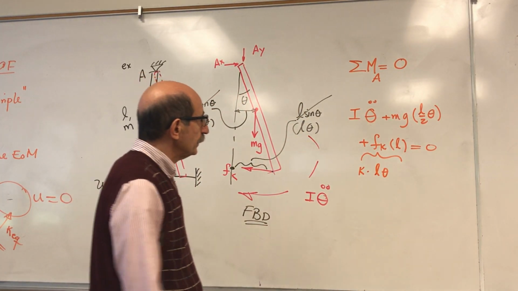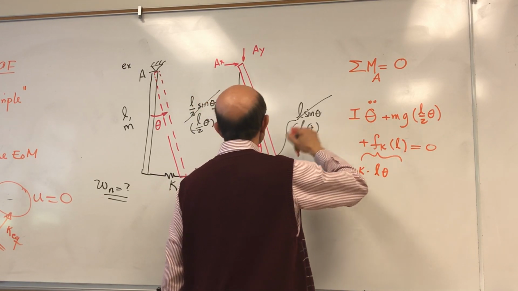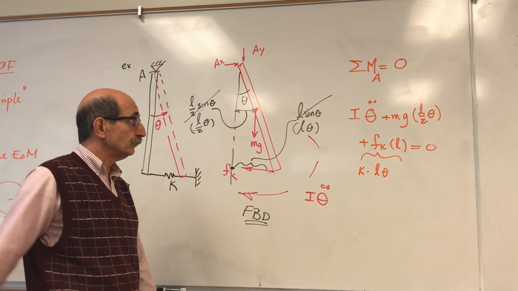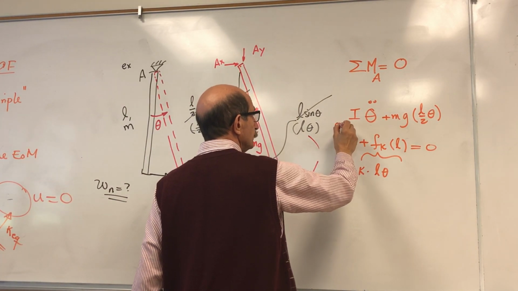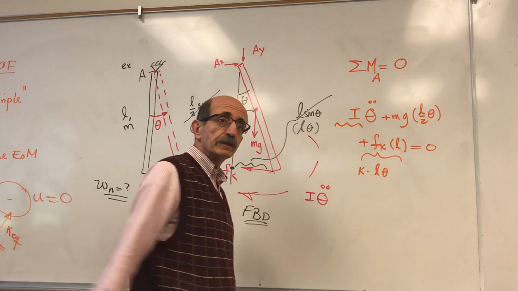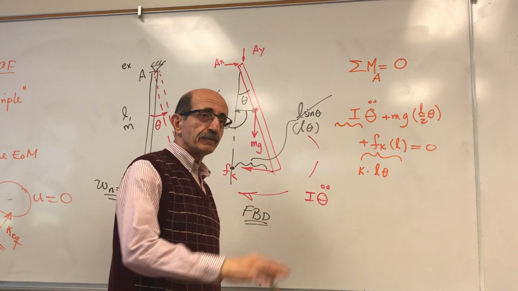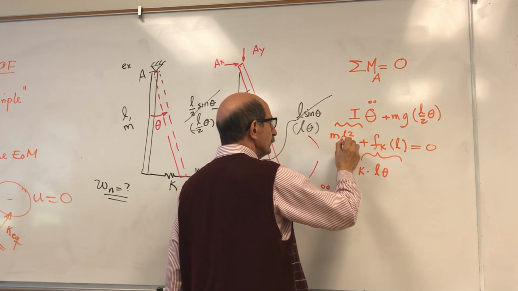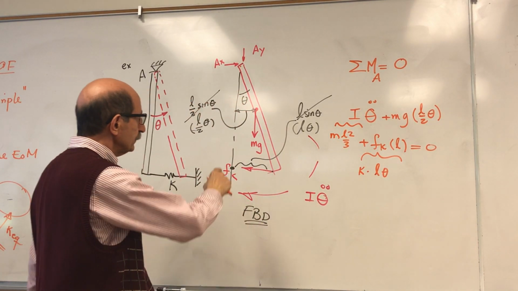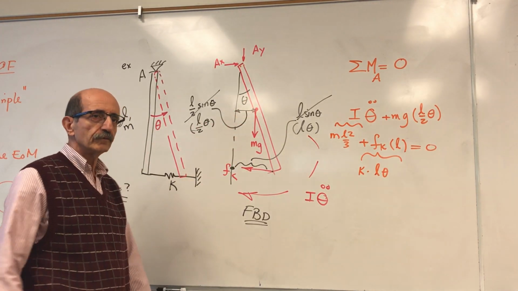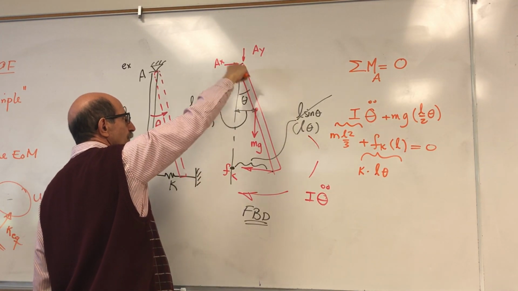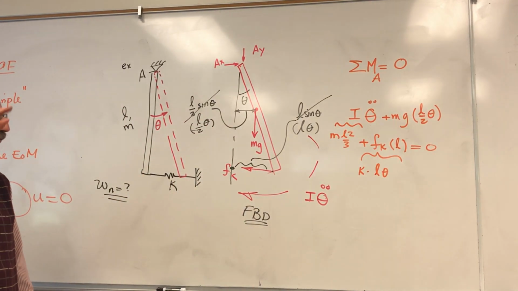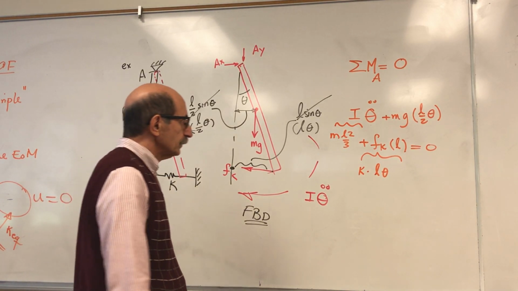So let's just simplify this. And I is the moment of inertia of this bar with respect to this point of rotation. So we know this is what? You remember that? Anybody? ML squared over 3. But about the center it is ML squared over 12, so use the parallel axis theorem. L over 2 is the distance, so you have to add M times L over 2 squared.